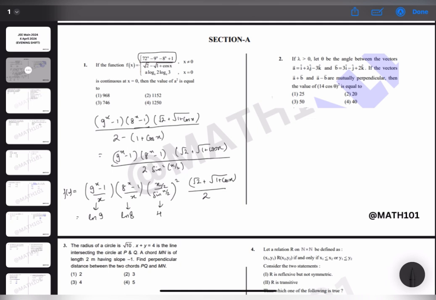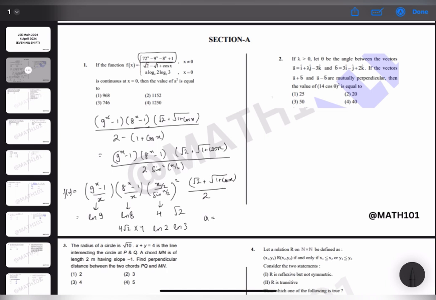Cos x at x equals 0 is 1. So this is root 2 plus root 2, 2 root 2 upon 2, root 2. So that is 4 root 2 into 4 ln 2 ln 3.